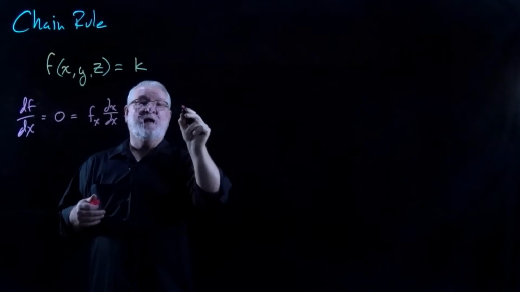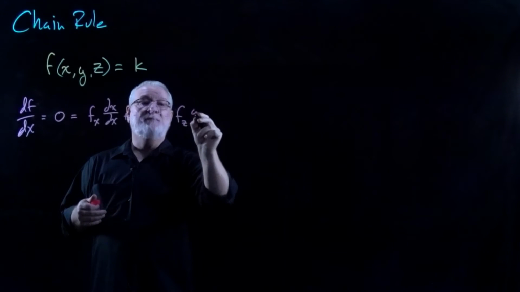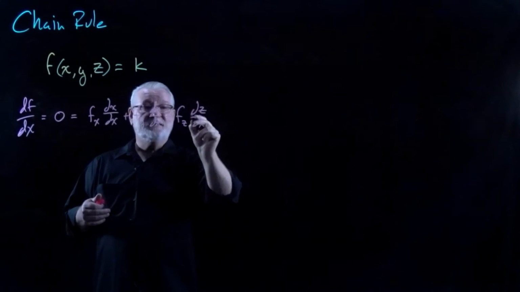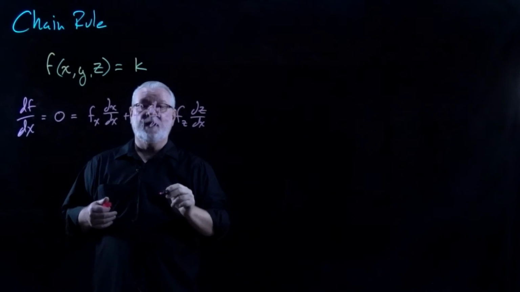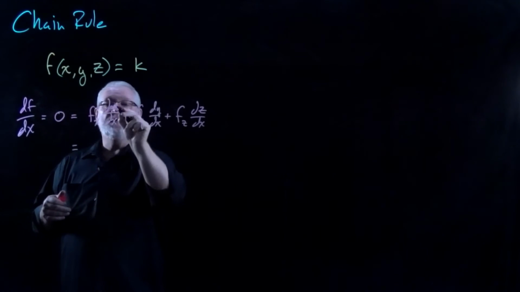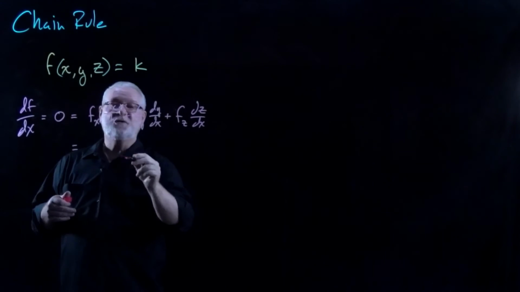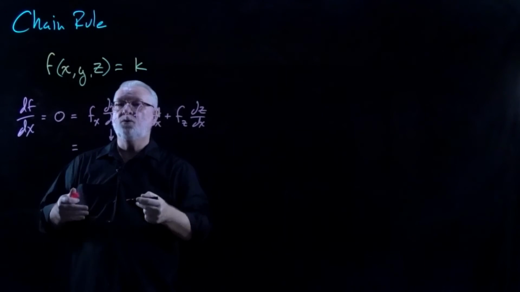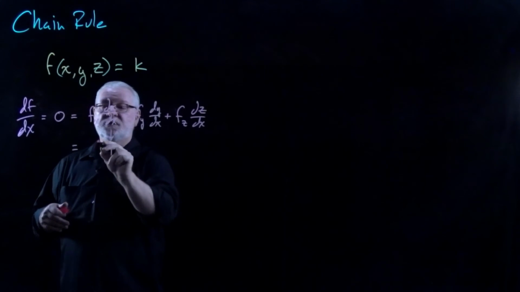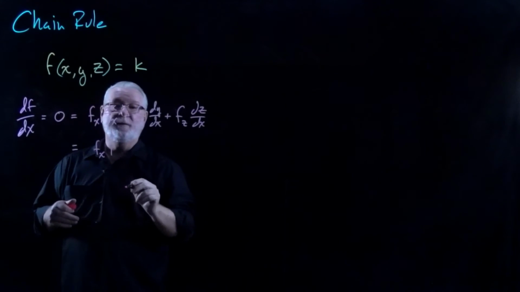And finally the same, fz times the partial of z with respect to x. And again, that's my target. That's really ultimately what I'm after. Well, you can see what we can do with this. This is the number 1 because any derivative changes according to its own change by the same rate. And so that's 1. So this is fx times 1.